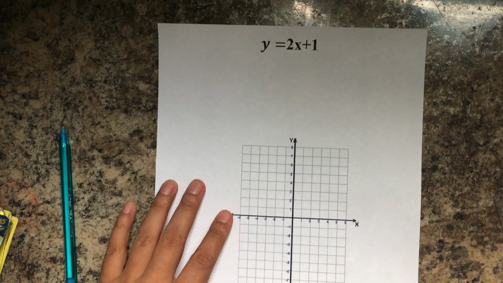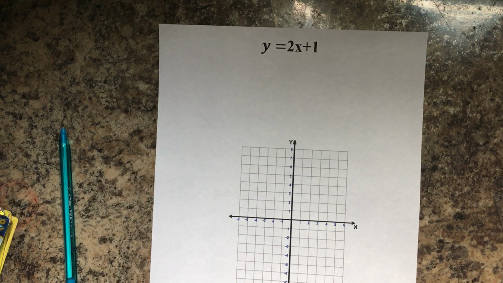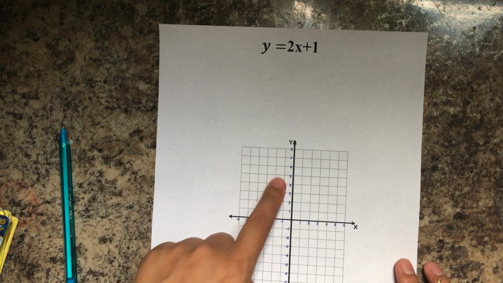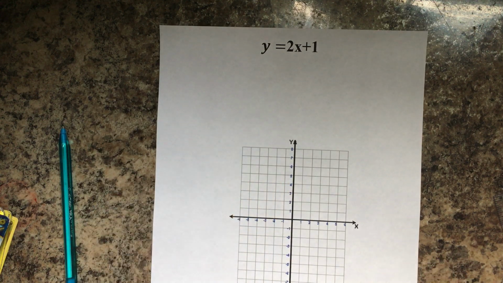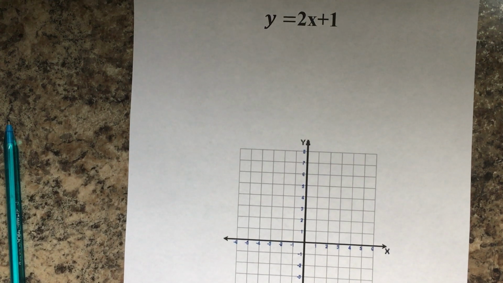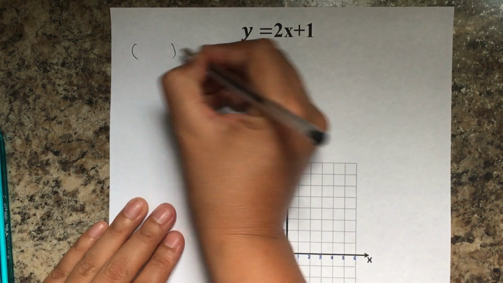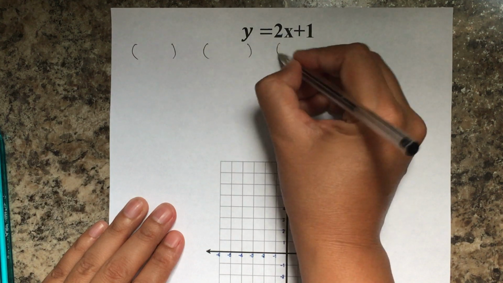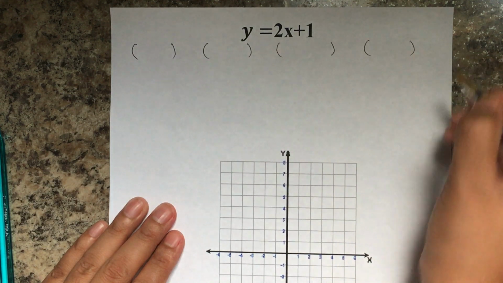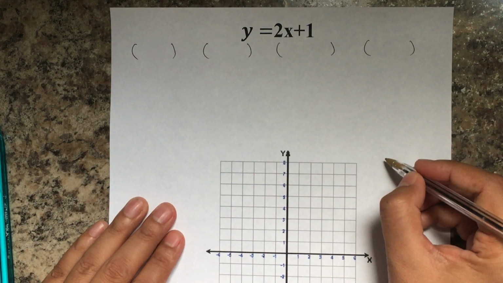Okay, the first equation that we're going to be using is y equals 2x plus 1. And here we have the coordinate plane so that we can graph the points. But first, let's find those points. For the points, you can either use coordinates like this, or you can use a table.